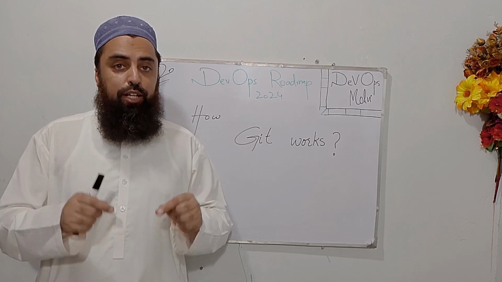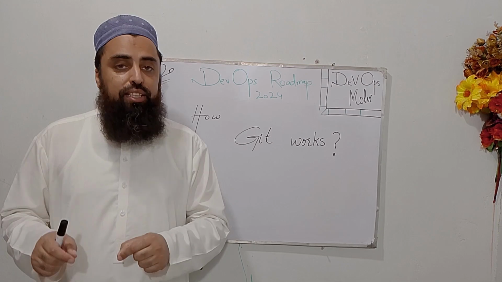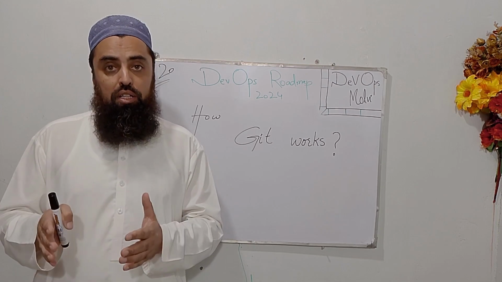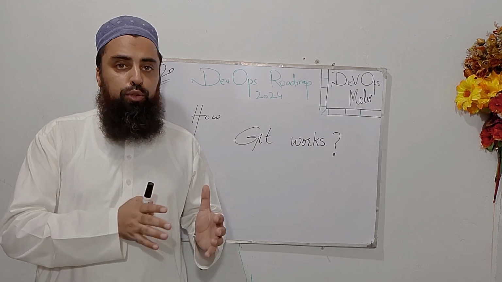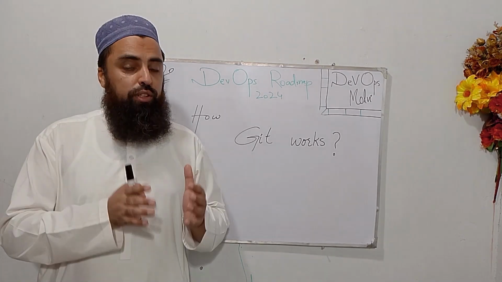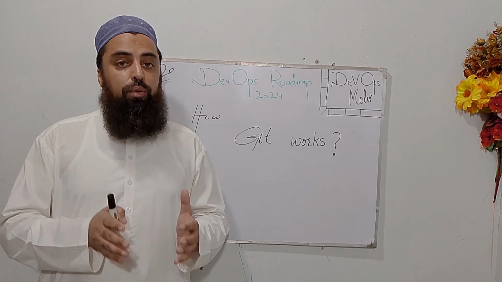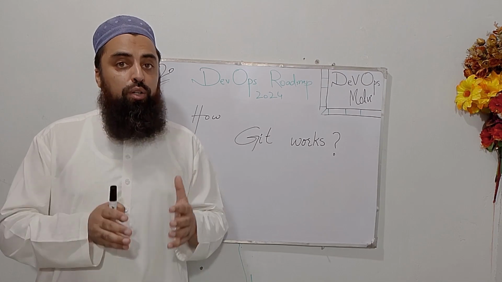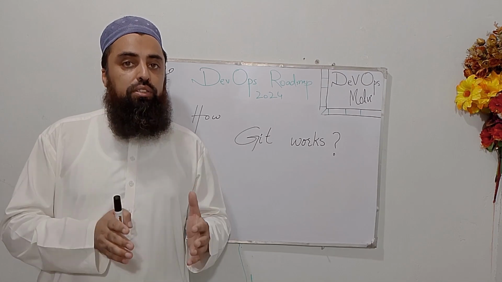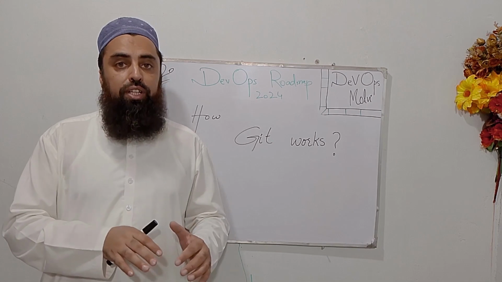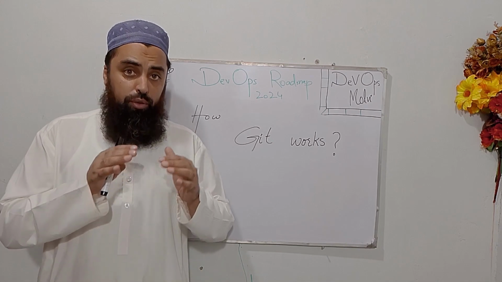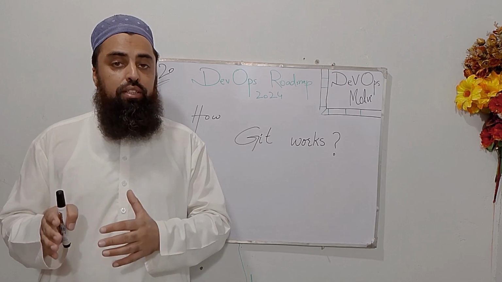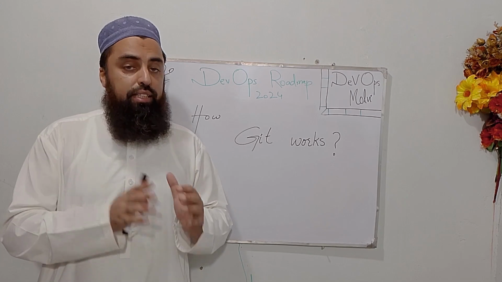So that would be a lab session in which we are going to practically install Git on our Ubuntu Linux VM. We are going to install GitHub CLI on our VM. We are going to create our first repository on our VM, and also we will create a repository on github.com after creating an account on github.com.